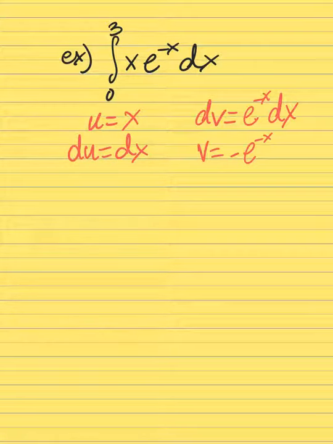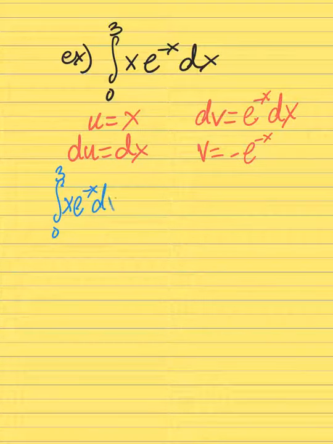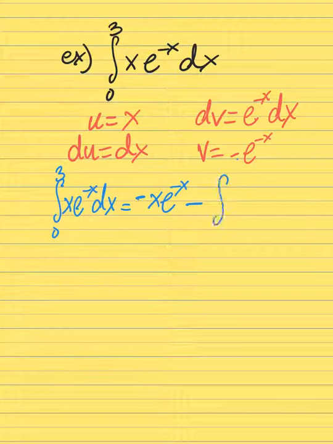So now let's put it all together. From 0 to 3, x e to the negative x dx equals, all right, u times v. Instead of writing x times negative e to the negative x, I'm going to make this negative x e to the negative x. Looks a lot better. Minus the integral, going again from 0 to 3, of v du.